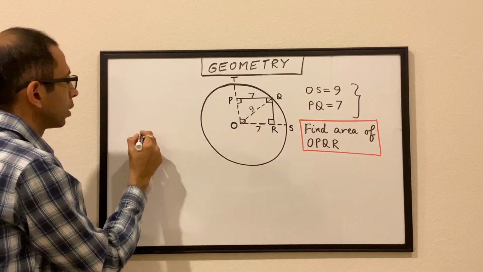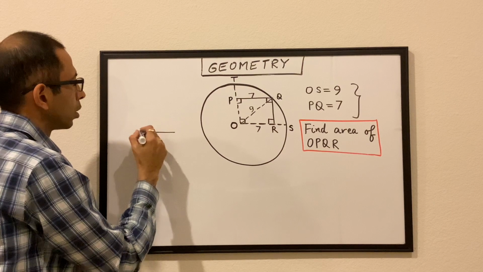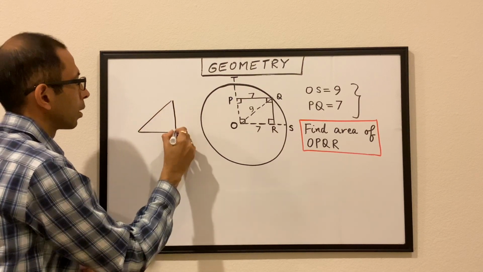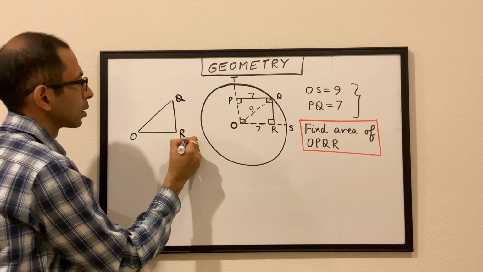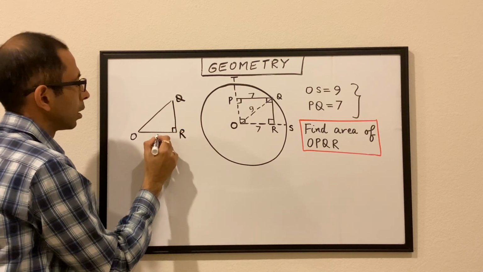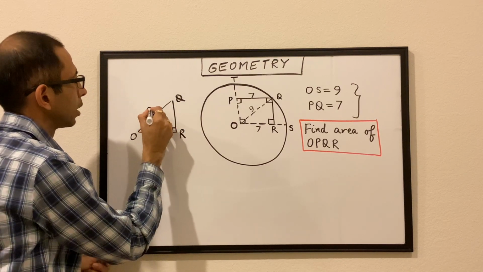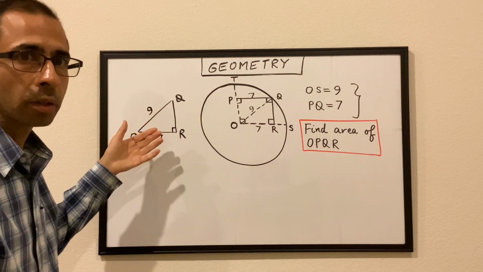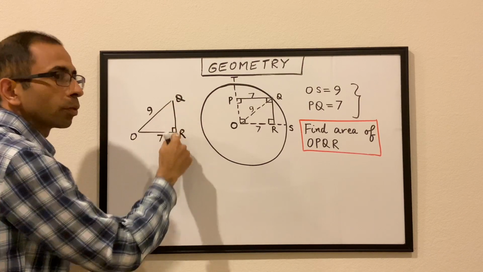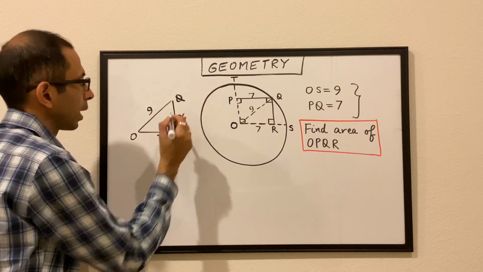So if we look at this triangle here, this is O, this is Q, this is R, this side is 7, and this side is 9. So this is nothing but the hypotenuse, right? So we can use the Pythagoras theorem to find the length of QR. Let's say the length of QR is x, right?